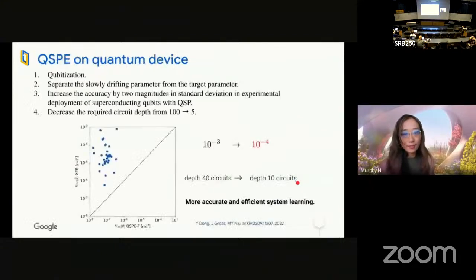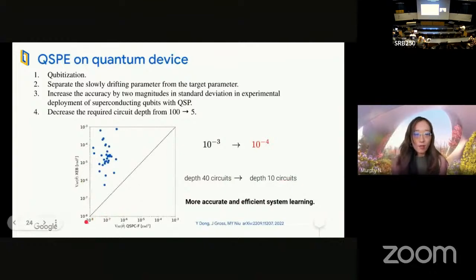And lastly, we have tested it on a real device with 17 pairs of superconducting qubits, where we are learning the 2-qubit FSIM swap angles using the quantum signal processing estimation. We plot the result here, where the x-axis is the result for our method, and each dot is a different pair of qubits.